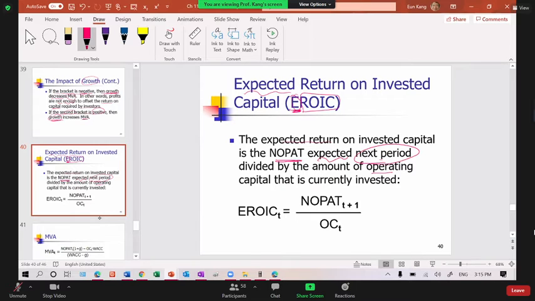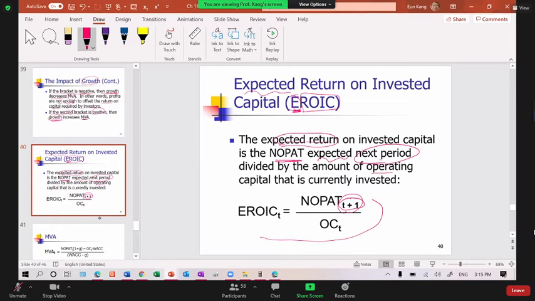So the difference is that ROIC is NOPAT_t over OC_t, right? But EROIC_t is NOPAT_t+1 over OC_t. You have at least one period to calculate expected return, so you need next year's NOPAT, right?